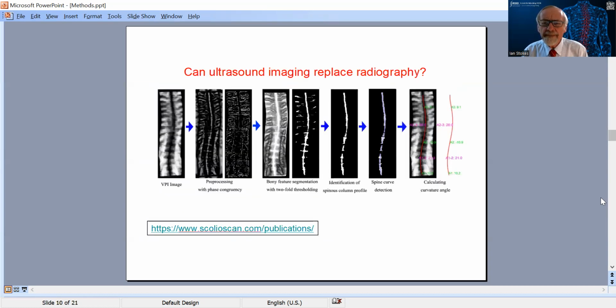And beyond that, could ultrasound imaging with detection of features replace radiography without ionizing radiation?